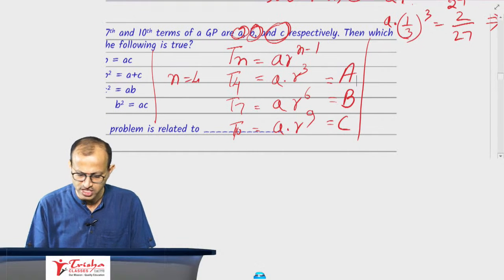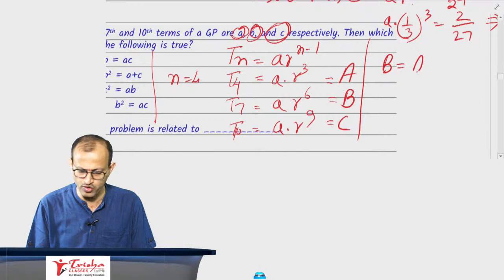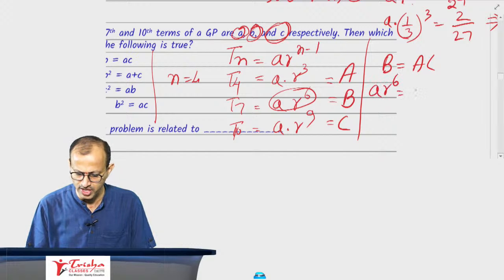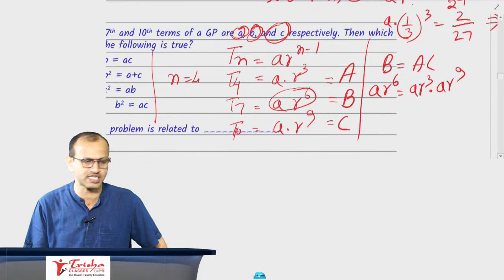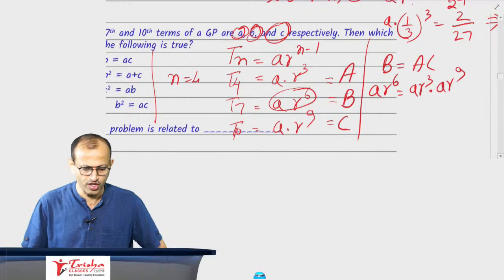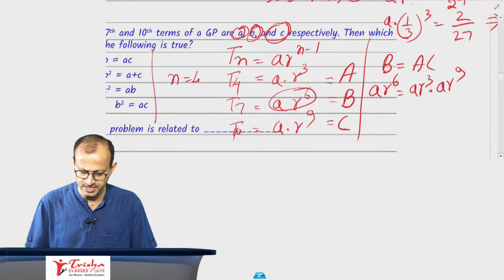I will take the first option, B is equal to AC. What is B? Here, A r to the power 6 is equal to capital A r cube into capital C, A r to the power 9. In any case, it is not matching because 9 plus 3 becomes 12. Therefore, option A delete.